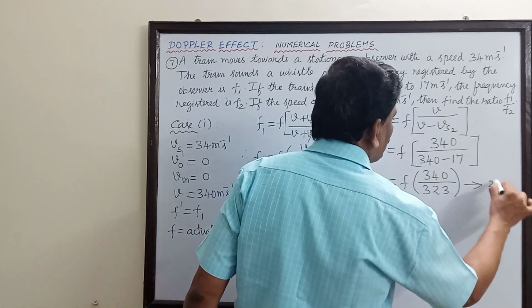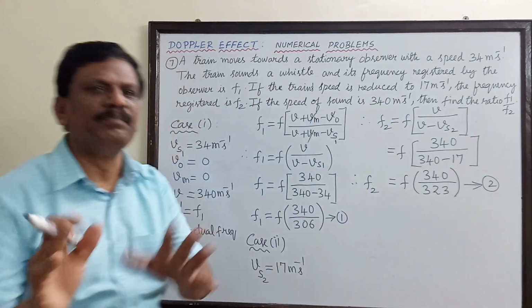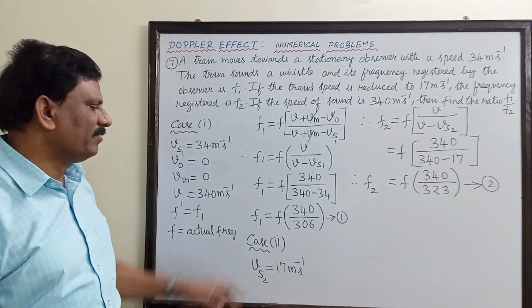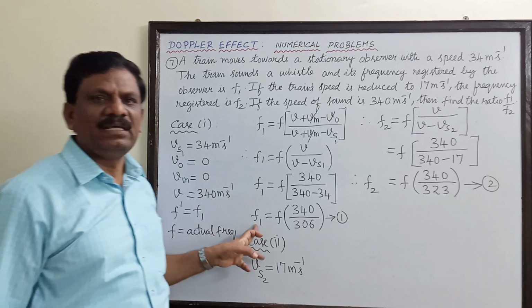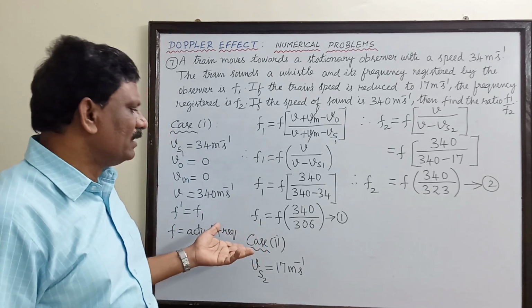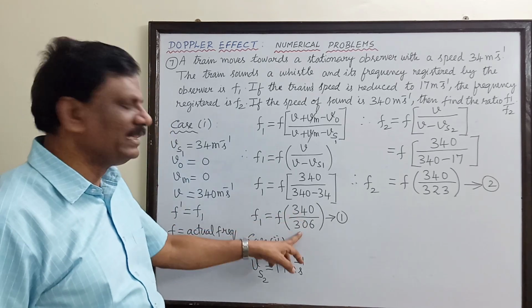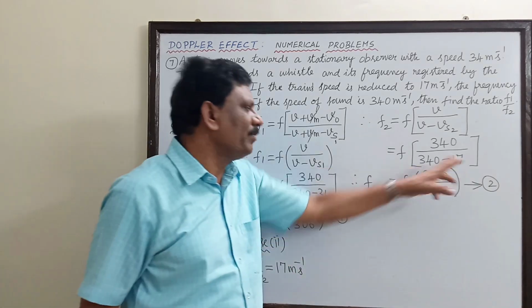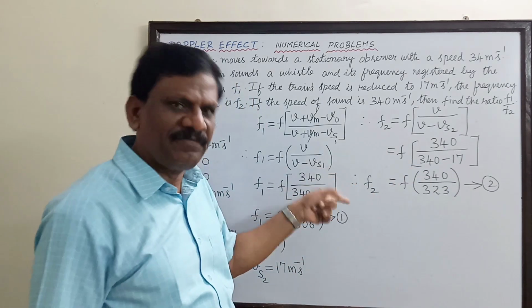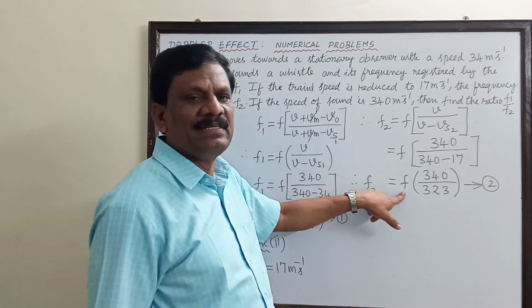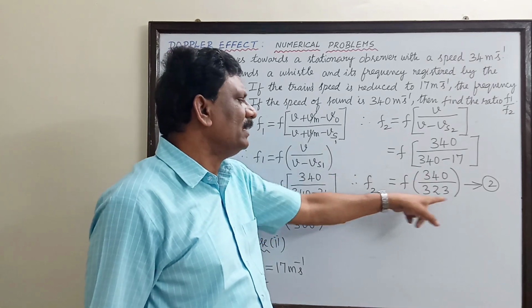This is our equation 2. Very, very simple. In the first case, the apparent frequency heard by the observer is F1, that is F into 340 by 306. In the second case, it is F2, in terms of the actual frequency, F into 340 by 323.